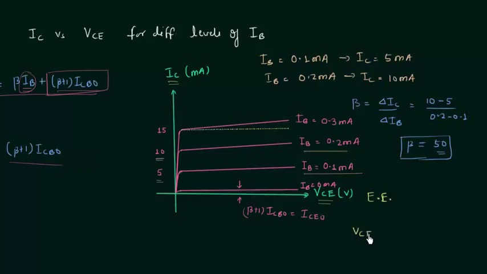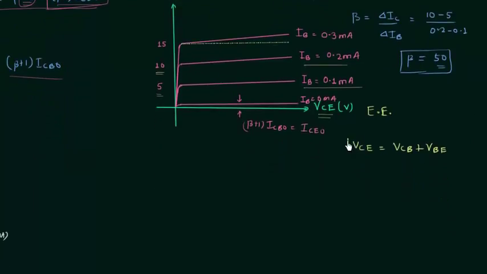We know VCE is equal to VCB plus VBE, and if we increase VCE, VCB will also increase, and when VCB increases, the effective width of the base decreases, and this will decrease the base current, and when base current decreases, the collector current will increase because more electrons emitted by the emitter will now collect to the collector.